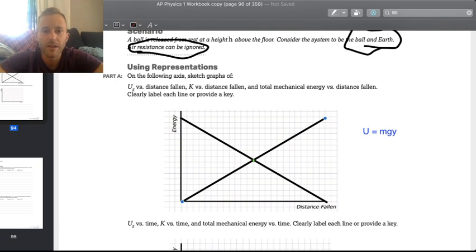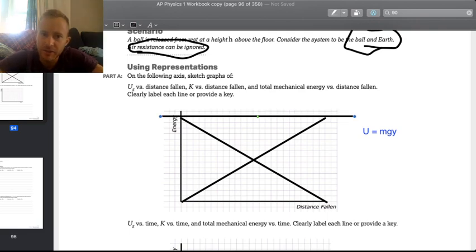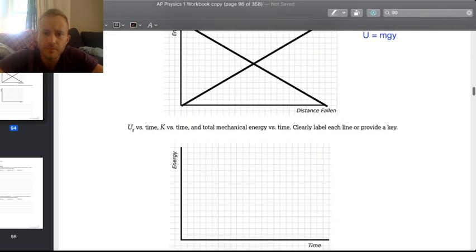Now, the total mechanical energy is remaining constant, and it's equal to the value at the beginning, it's equal to the value at the end.